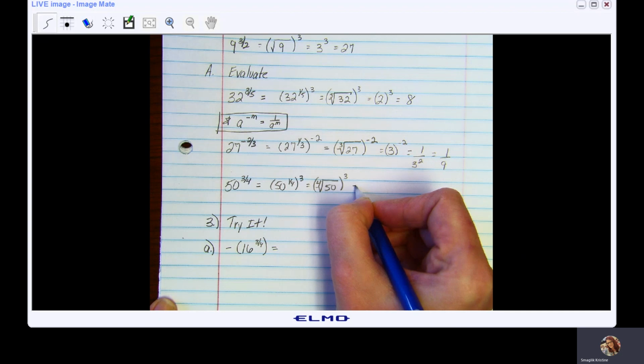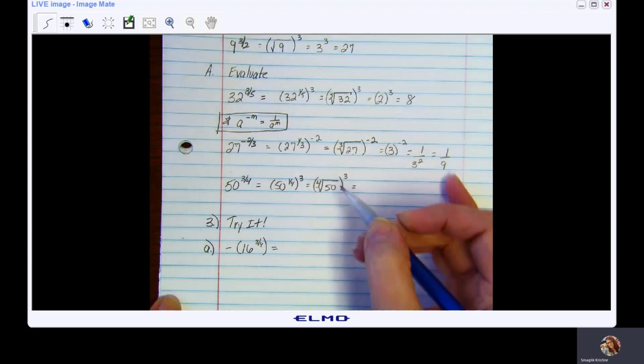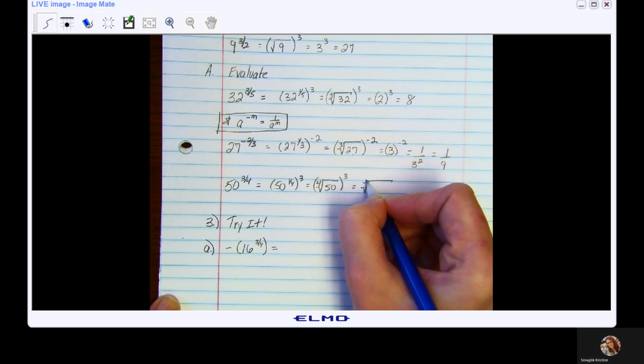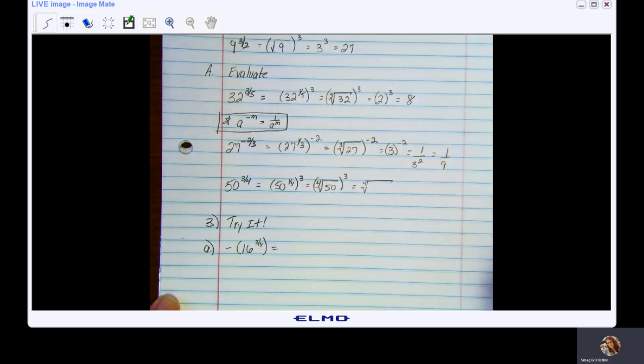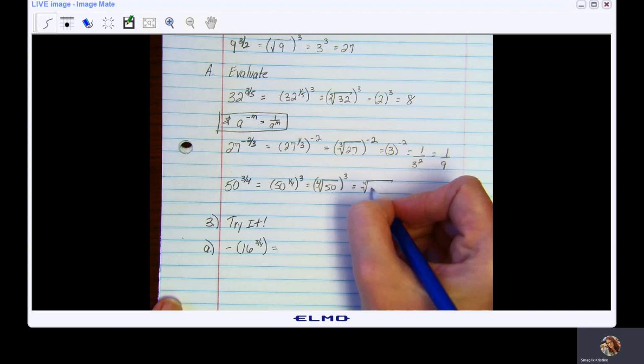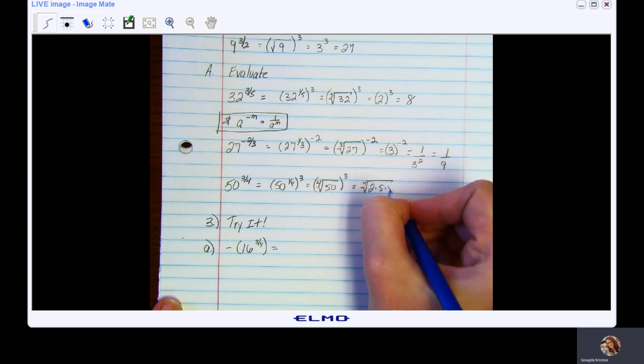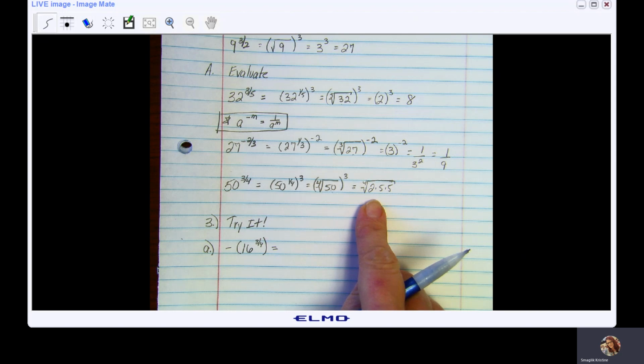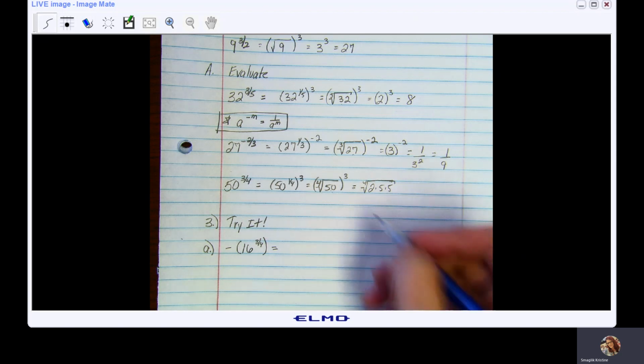Now, if we try to break this down, let's see what we can do here. 4th root of 50. 50 is 2 times 25, which is 2 times 5 times 5. Notice I don't have any sets of 4. There's no factor that appears 4 times.